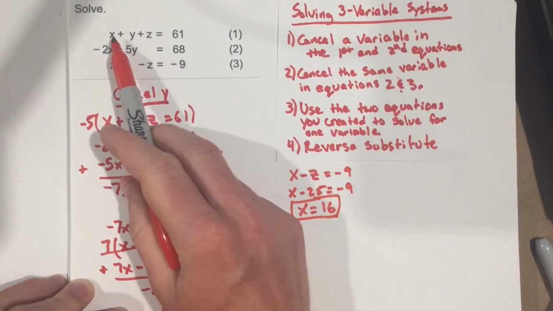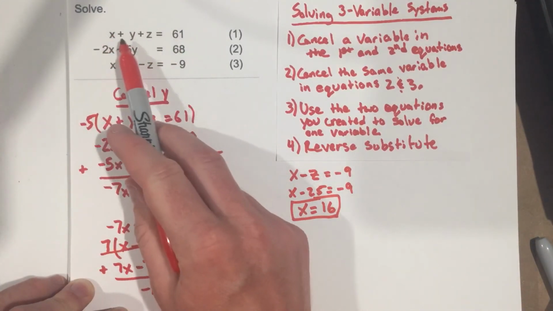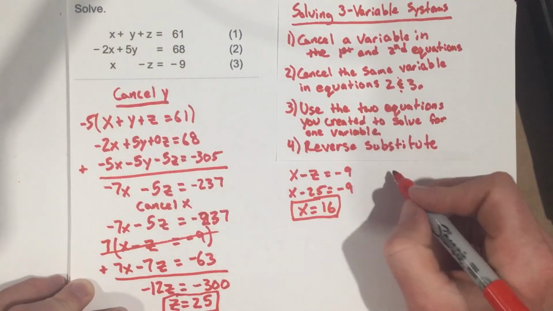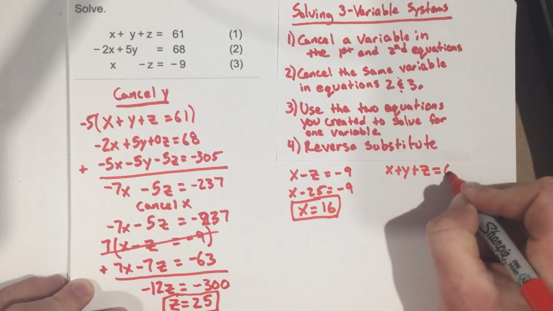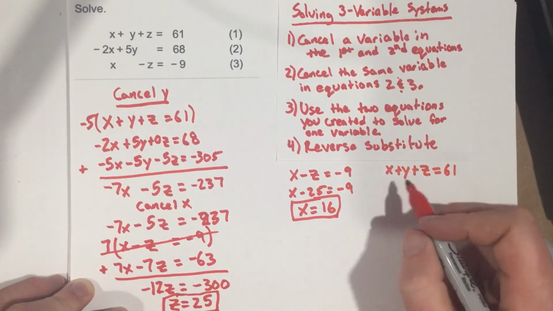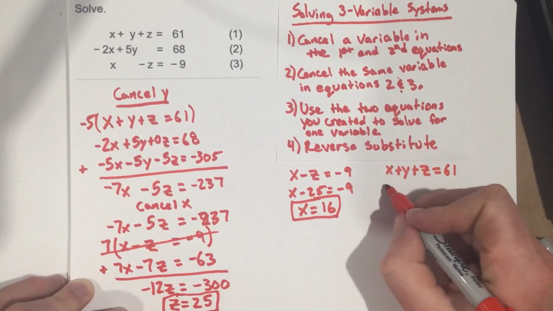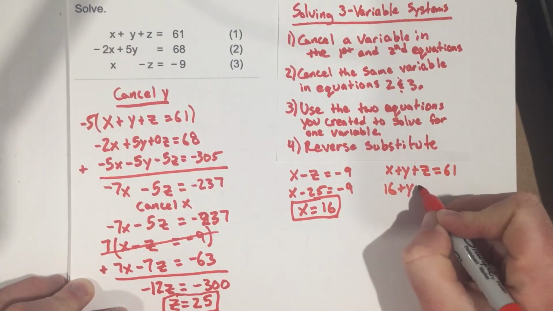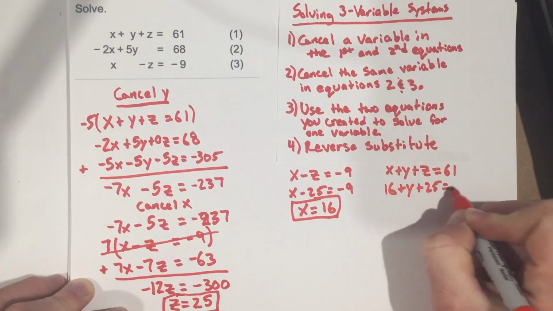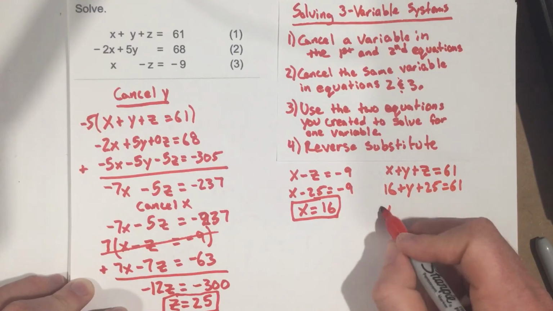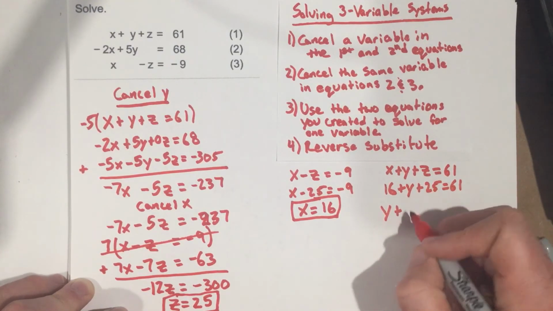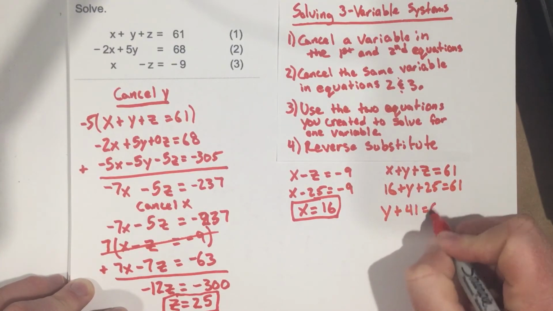And then I pick one of the equations at the top with 3 variables, so x plus y plus z equals 61. And I can now plug in my x and the z. So 16 plus y plus 25 equals 61. Let's combine like terms, y plus 41 equals 61.